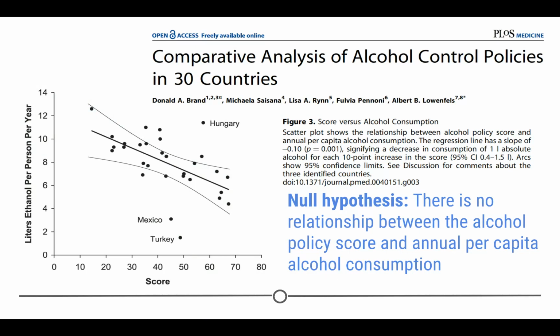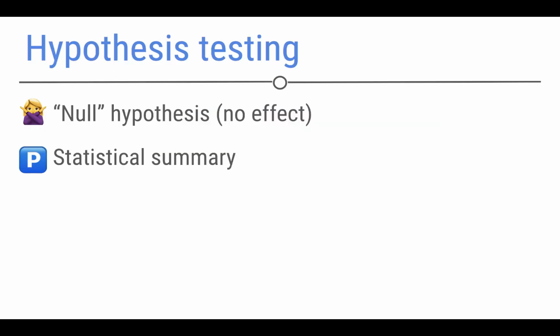Returning to this real example, the comparative analysis of alcohol control policies in 30 countries that we've been discussing, the null hypothesis is that there's no relationship between alcohol policy score and the annual per capita alcohol consumption. So in hypothesis testing, we're evaluating whether this null hypothesis is true.